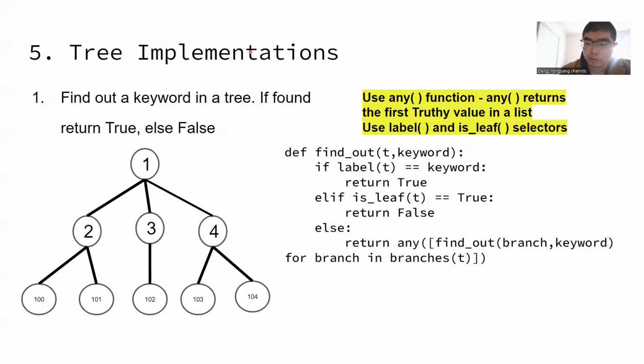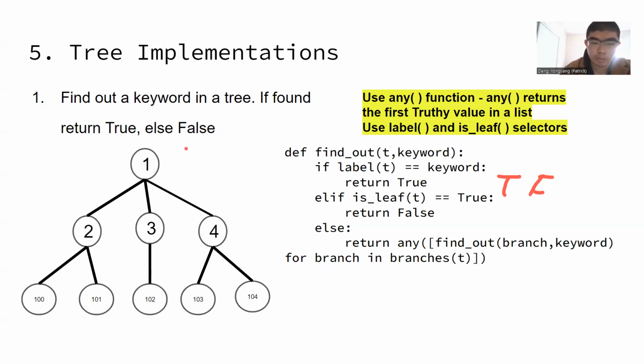actually returns true or false, which is the conclusion after we travel through a path and check if I actually find the keyword. We have to use a list comprehension to construct all of these true false conclusions into a list, for the branches.